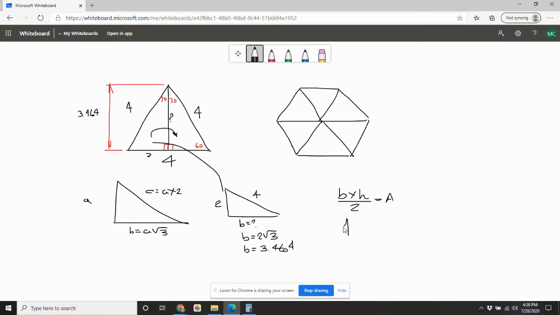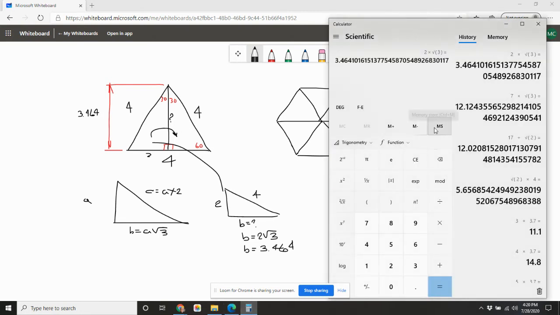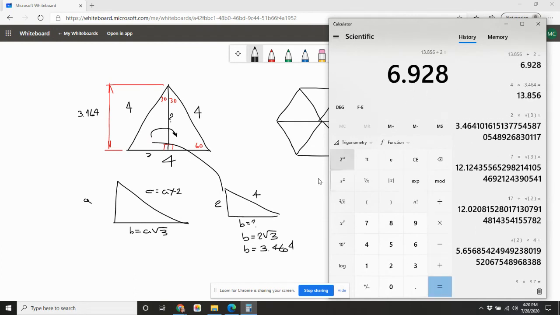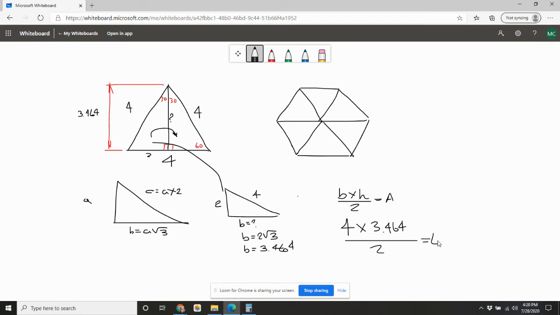Base is 4 times height of 3.464 divided by 2 equals 6.928 is the area. That's the area.